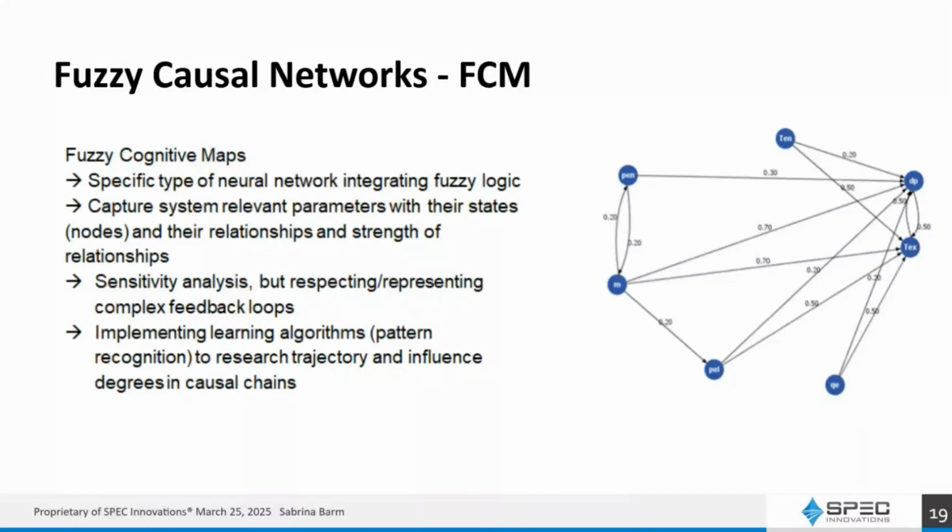Now, fuzzy cognitive maps are a specific type of neural network, and they capture system-relevant parameters with their states and the relationships between them. And the beauty of FCMs is that they're integrating fuzzy logic, and fuzzy logic can be explained as mathematically normalizing any kind of value or range onto a fuzzy interval from either 0 to 1 or -1 to 1.